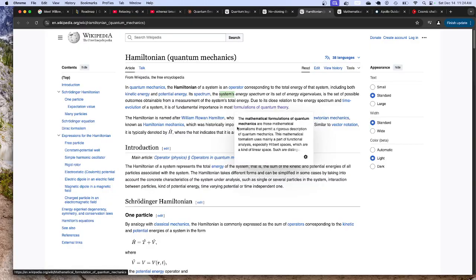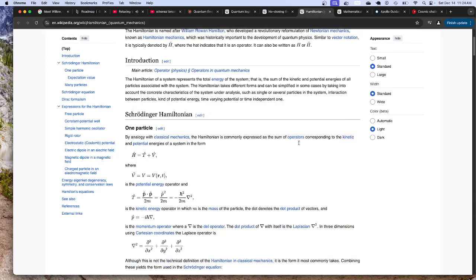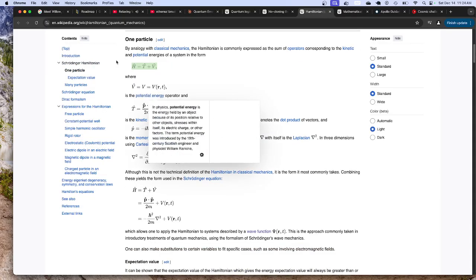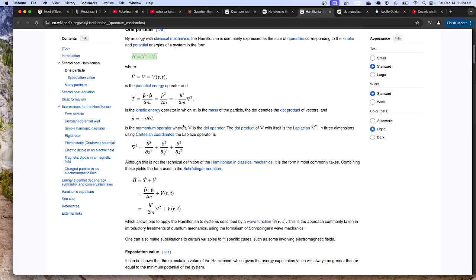So its operator corresponds to the total energy of that system. Okay. Schrödinger Hamiltonian. So H is kinetic plus potential. Potential is like based on the state and time.